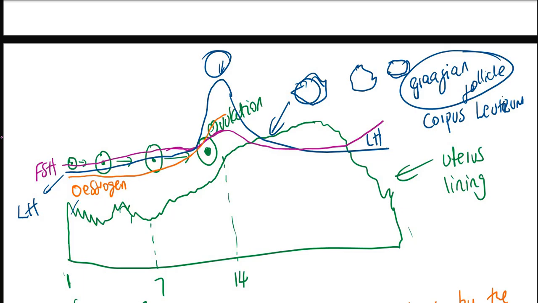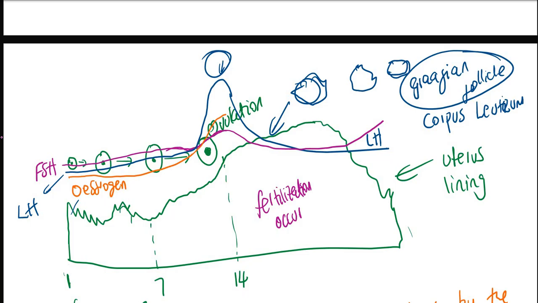Remember, on this part, the body thinks that since the egg was released, right, a fertilization can occur here. The body thinks that since we released an egg, that egg must meet the sperm, right?